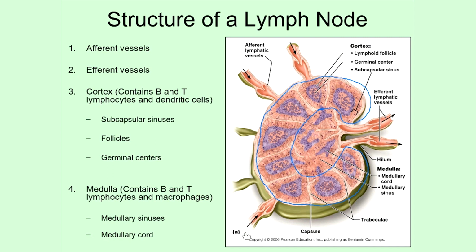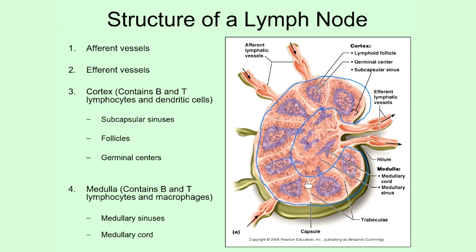And if you're lymph and you're entering into a lymph node, you're going to have to make your way through these subcapsular sinuses. You can't just do a straight shot through what's represented in purple here, because these purple structures are follicles. They're actually solid tissue, and that means you can't just move through them if you're lymph. You have to go around them.